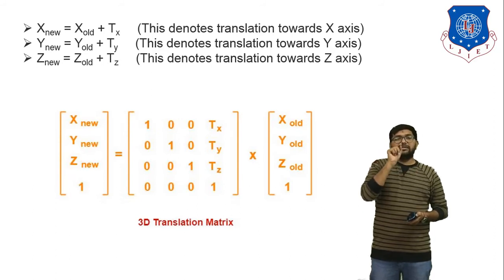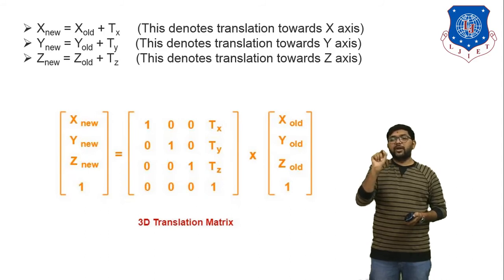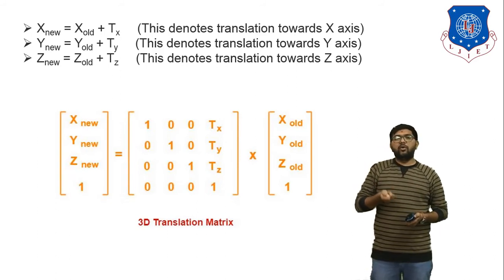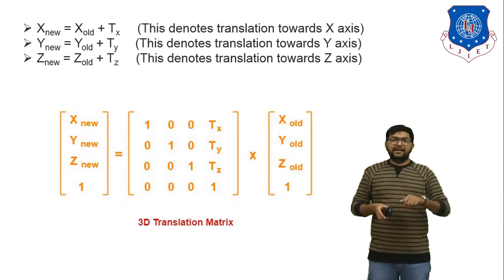So the second row, that is 0 into x old plus 1 into y old plus 0 into z old plus ty into 1, and you will get y new is equal to y old plus ty. Same way, if you multiply the third row with the first column, you will get z new is equal to z old plus tz.